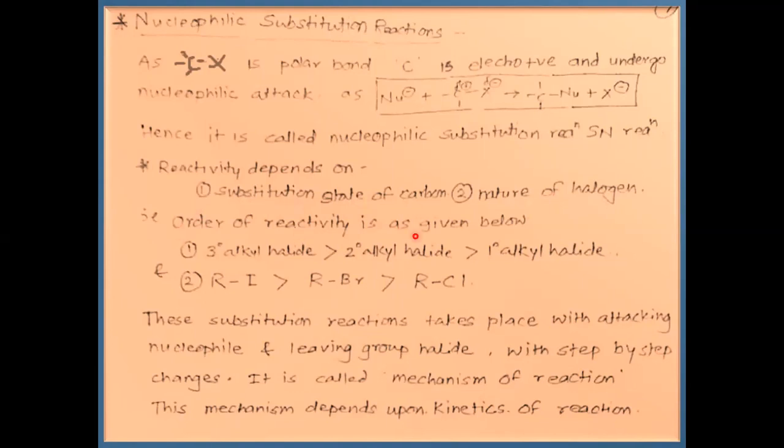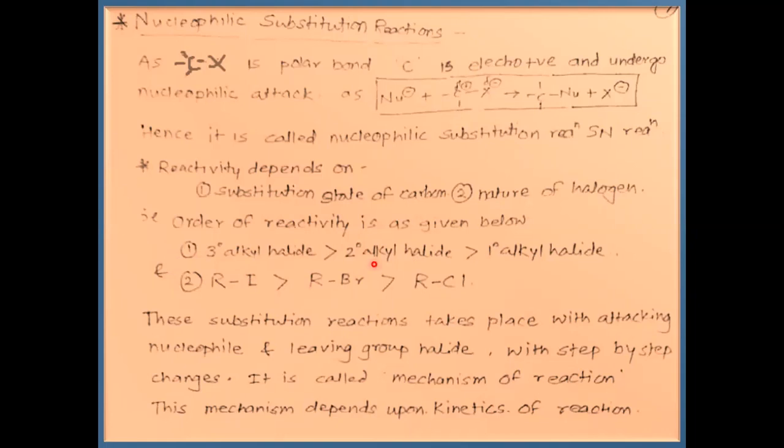The order of reactivity is as given below. The first order shows tertiary alkyl halides are more reactive than secondary alkyl halides, than primary alkyl halides. And second, alkyl iodides are more reactive than alkyl bromides, than alkyl chlorides.